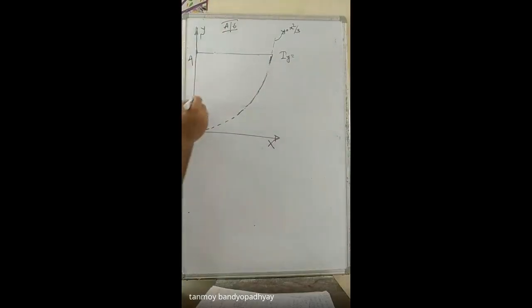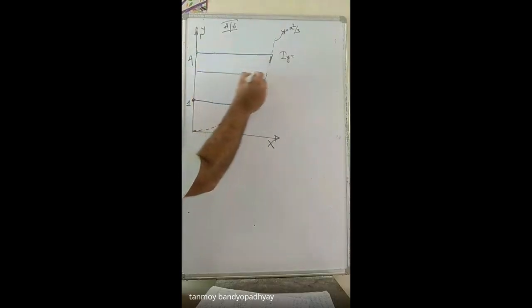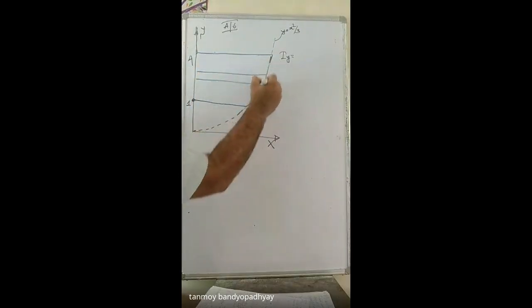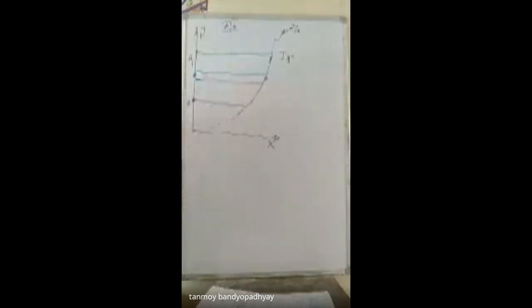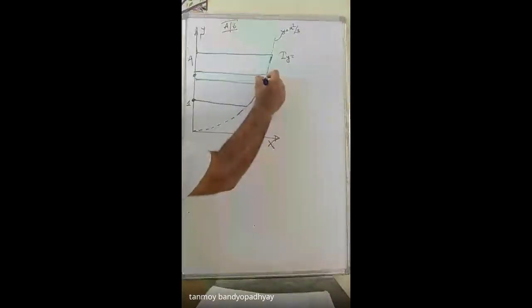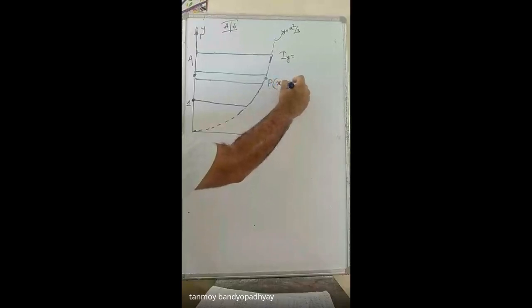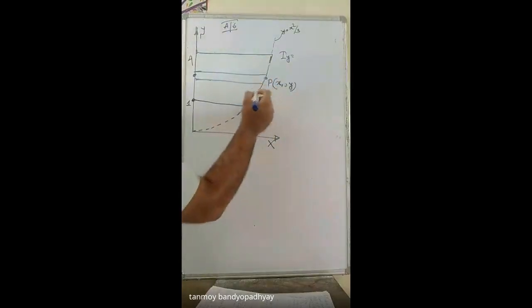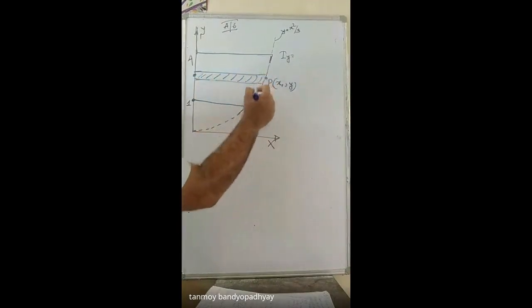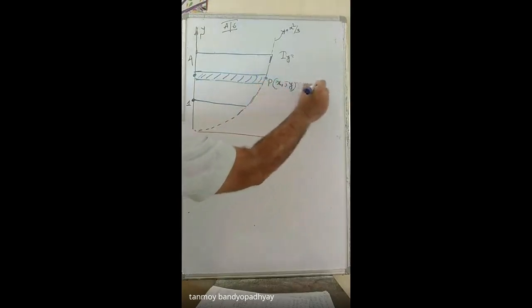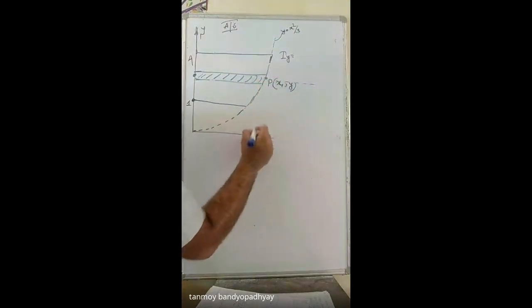So we take a horizontal element like this. Okay? Write it down: we take a horizontal elemental area at a distance of small y from the x-axis.